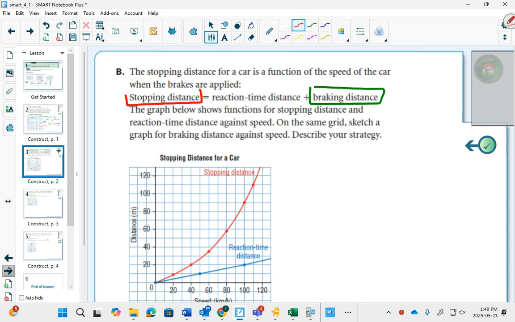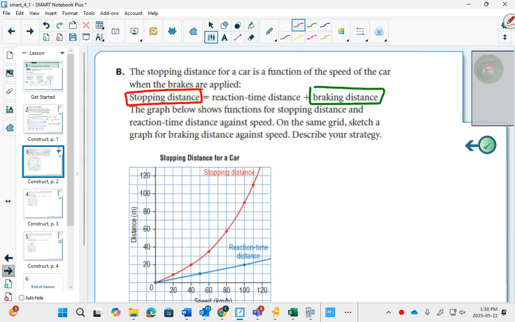Your stopping distance doesn't just depend on how much you skid. Because the moment you see you want to stop, it's pretty quick, but the moment you see you want to stop, your brain goes, oh, I want to stop. It sends information to your foot, which has to move to hit the brake and push.